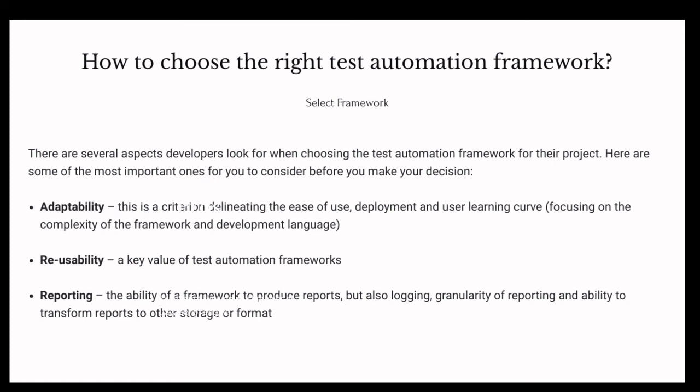Reusability is a key aspect: how reusable the framework is. Suppose I am creating a framework in TypeScript because of Angular, but my other four or five products are developed in core Java only. If I create the framework only for that Angular application in TypeScript, it is not easy for me to use it in the different Java projects.